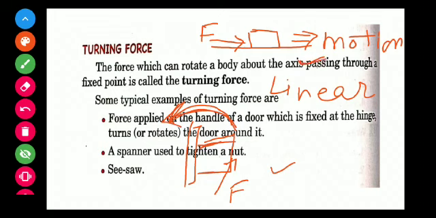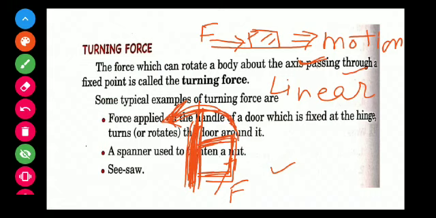In this case, if we apply a force on a body, then there is a linear motion, but if we apply a force on a door, then there is a circular motion or turning effect, and the body turns about a fixed axis. This is your fixed axis and this is your door, and the door rotates about this axis.